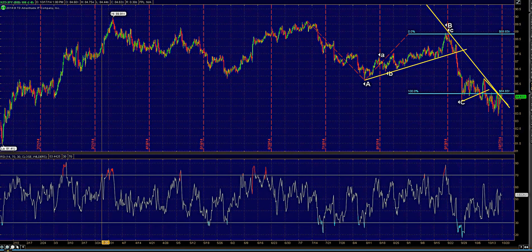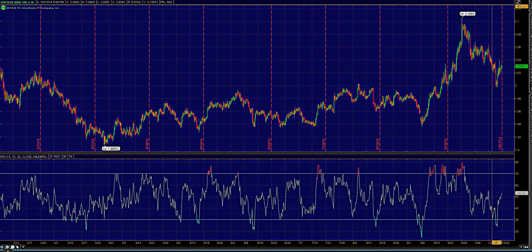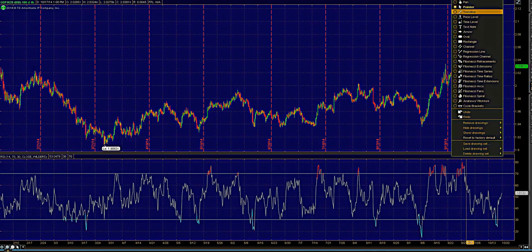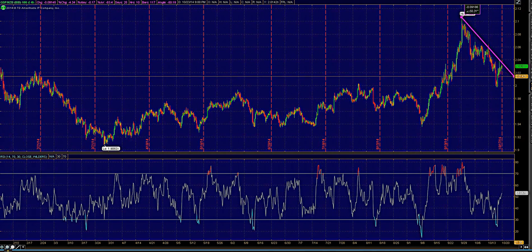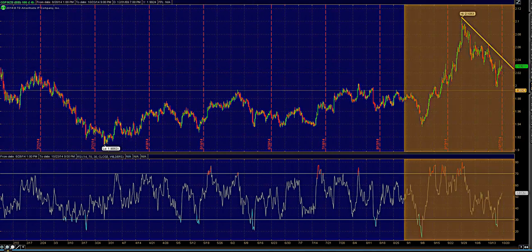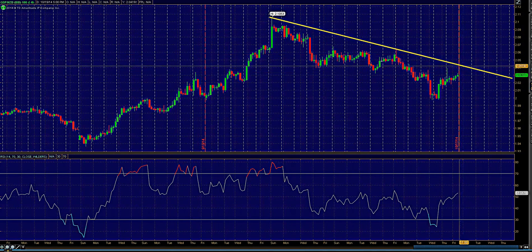Looking for a Kiwi dollar breakout. Let's look at pound Kiwi as well. Ideally, we'll look for pound Kiwi to the downside. Okay, that could play out as well.